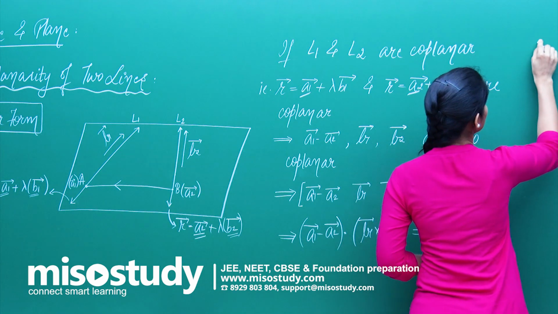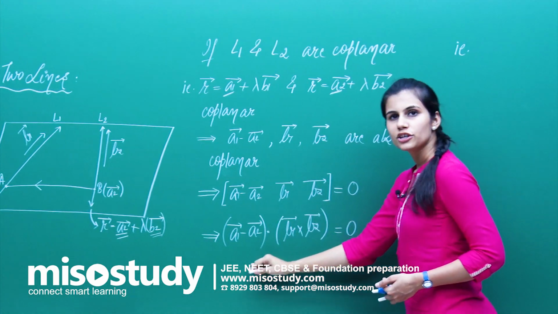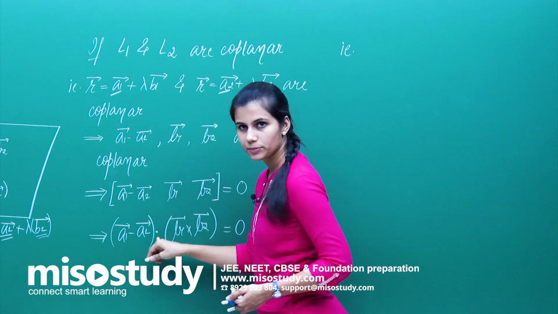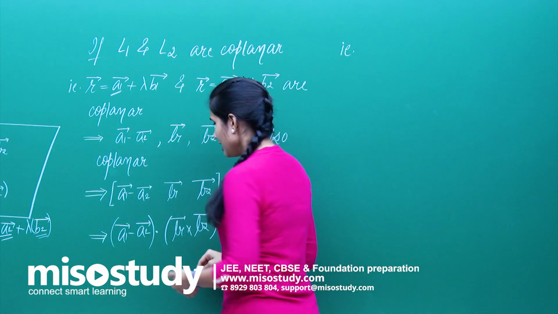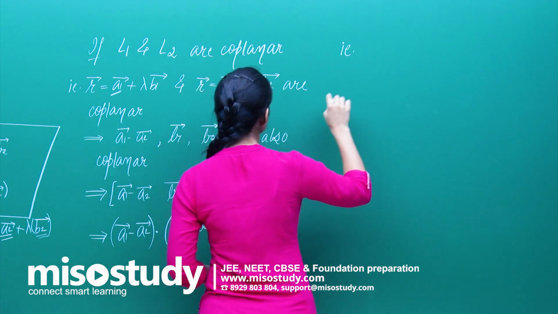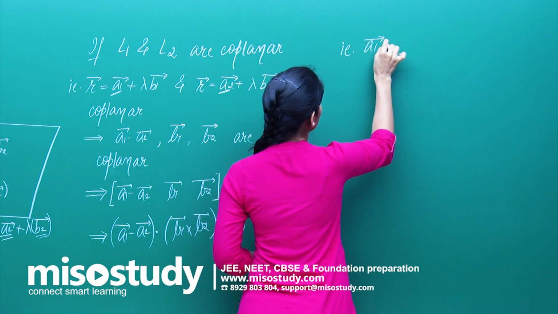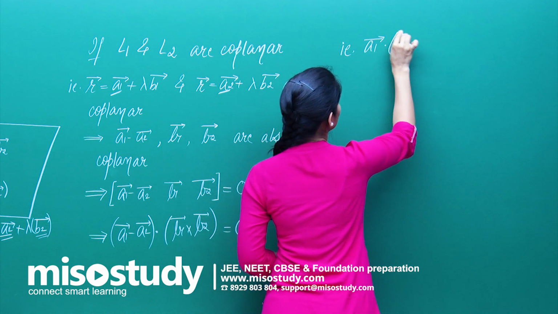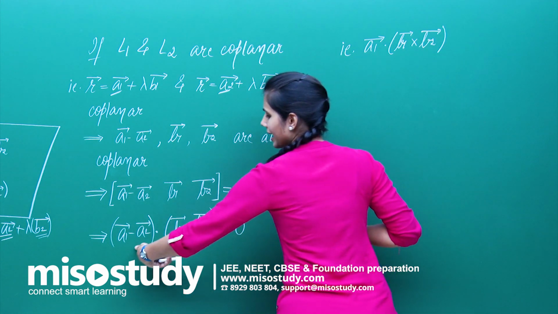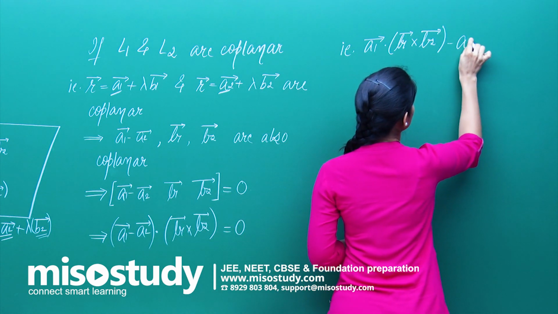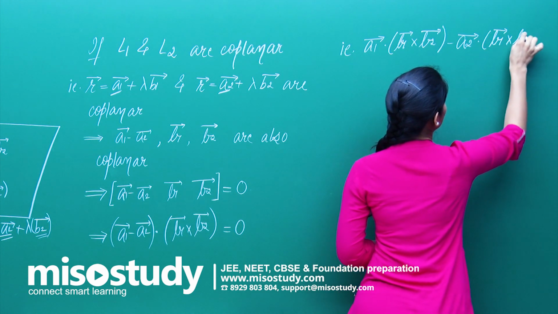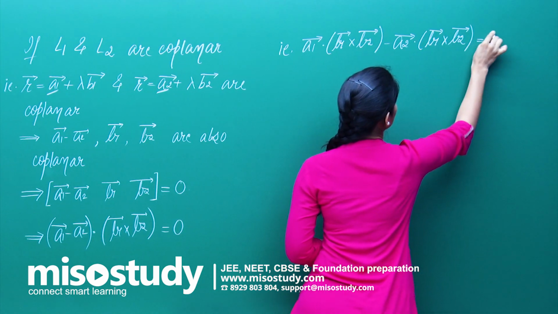That means you know that this is a vector and this is dot product and then this is cross product. Now, because dot product is distributive over addition and subtraction, I can write this as a1 vector dot product with b1 cross b2 minus a2 vector dot product with again b1 cross b2.